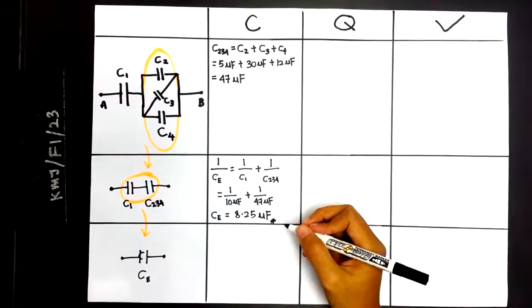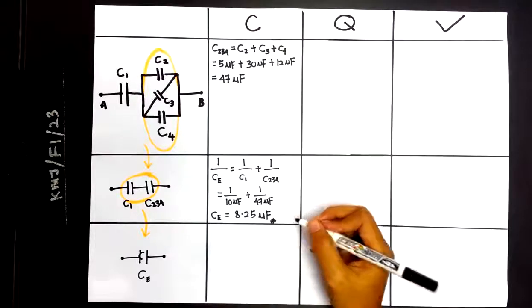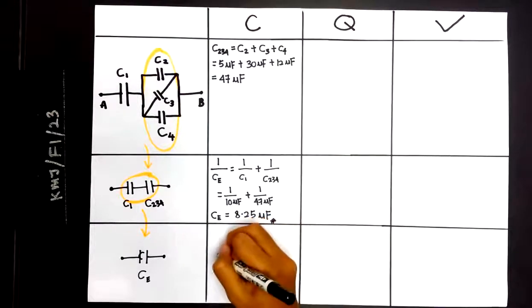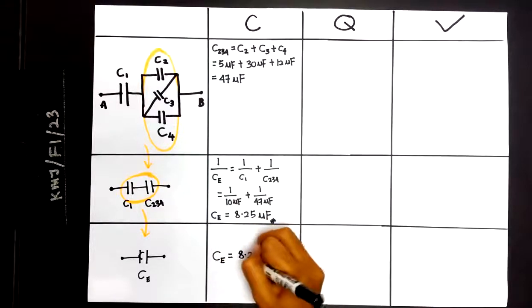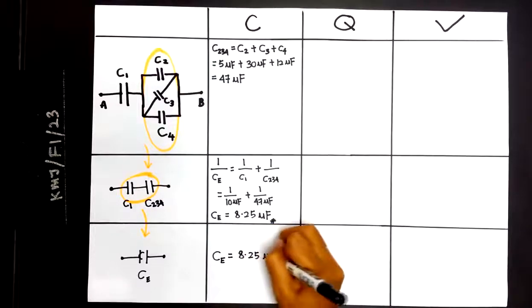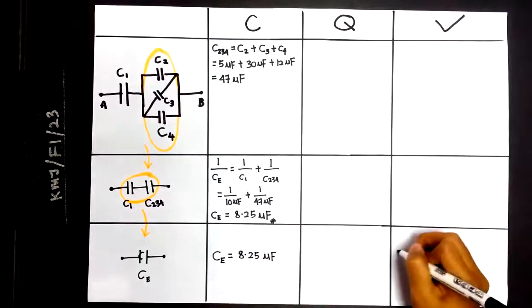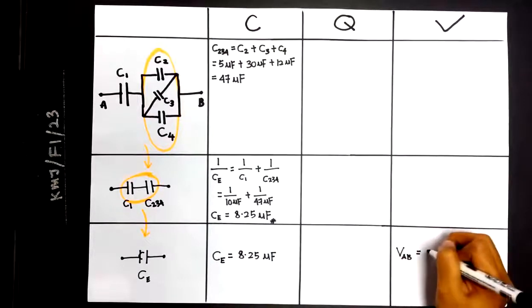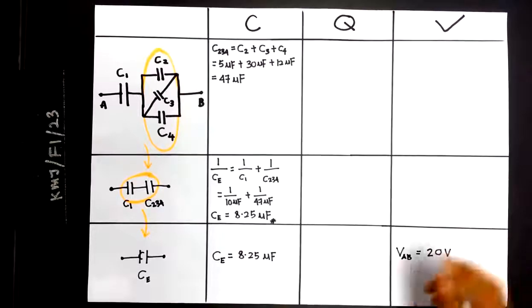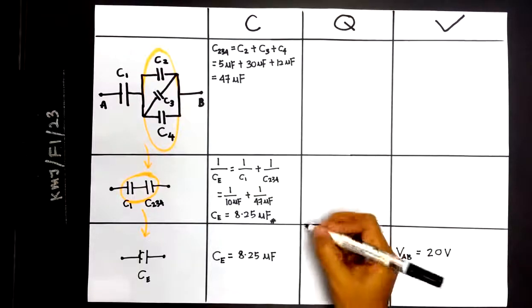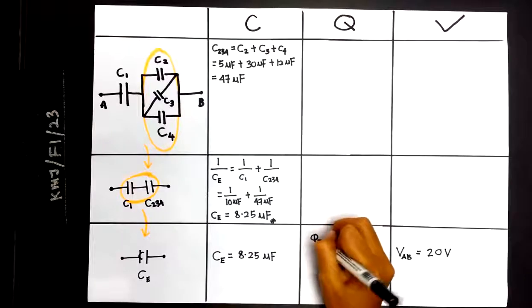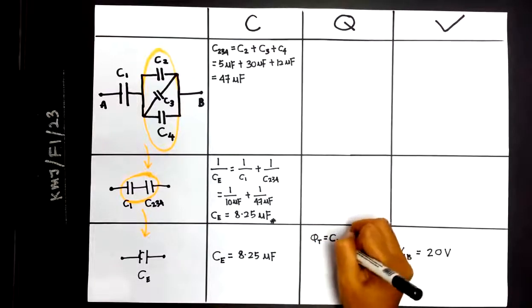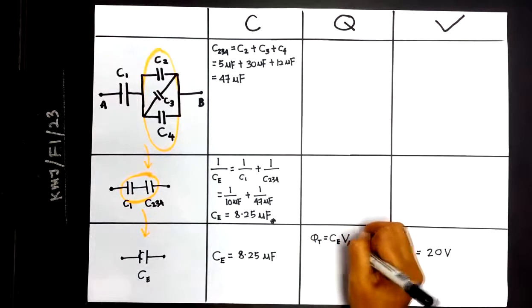For the next question, we want to calculate the charge on each capacitor and the voltage across each capacitor. Since we already know the effective capacitance, 8.25 microfarad, and we are given the voltage across AB, which is 20 volts, we can calculate the total charge Q by using C effective multiplied by voltage AB.